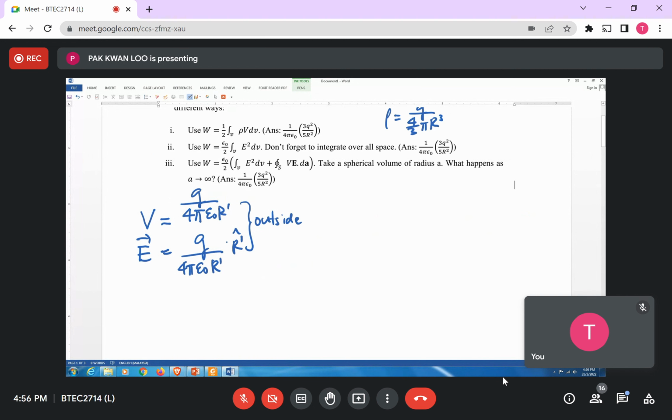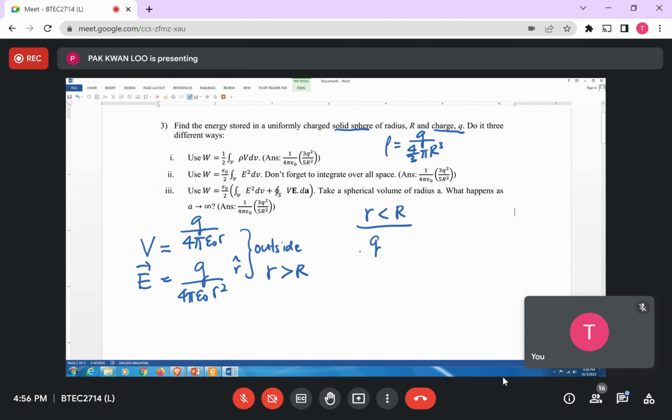So this is outside, by Gauss law, okay. So this is Q over 4 pi epsilon r squared in the r cap direction, for r greater than R. For inside, for r less than R, the charge enclosed will be Q over 4 over 3 pi R cubed times 4 over 3 pi r cubed.